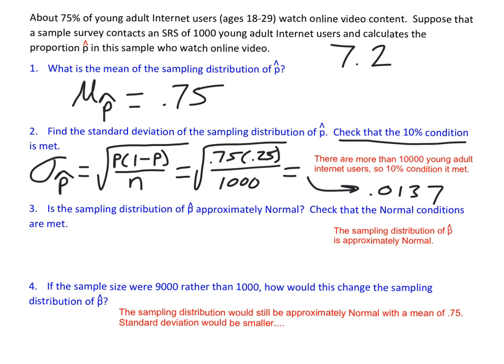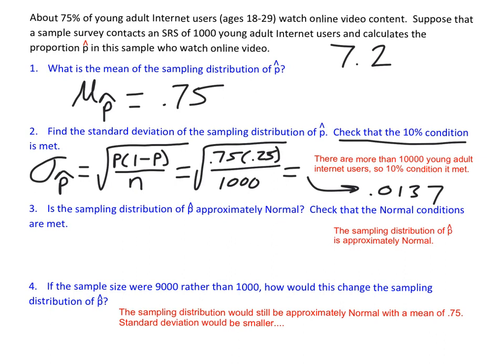I took a sample of 1,000, so I times that by 10. As long as my population is at least 10,000, and given the context of the problem, it's probably much bigger than that, I think we're good on the 10% condition.